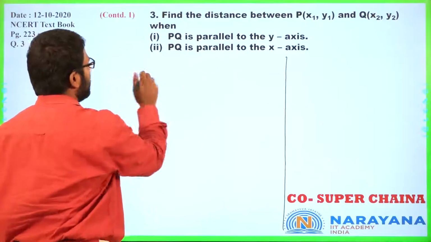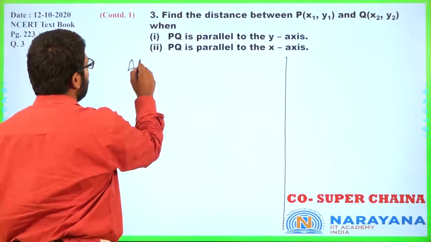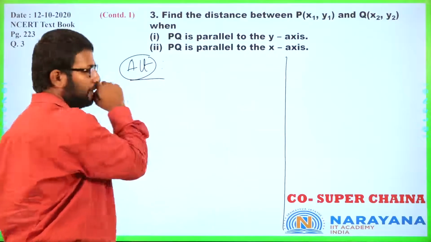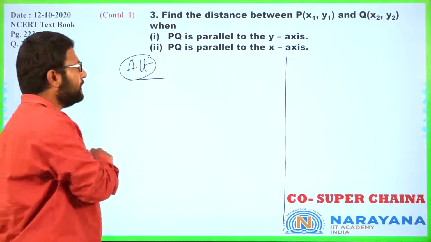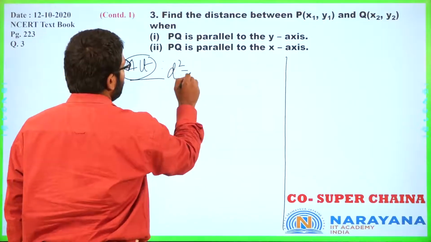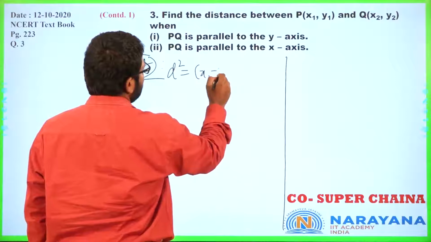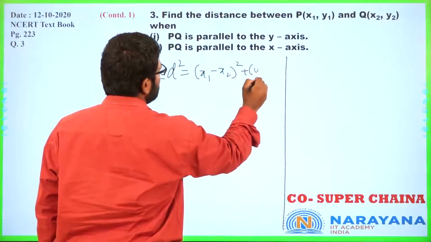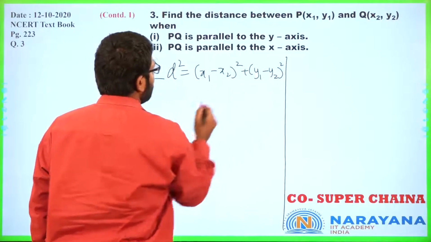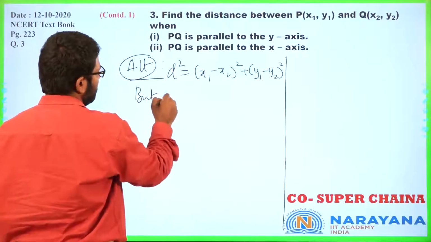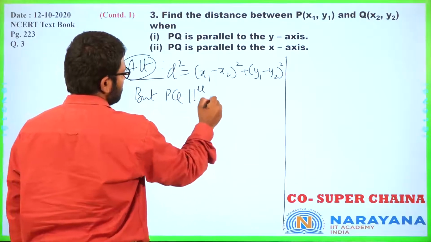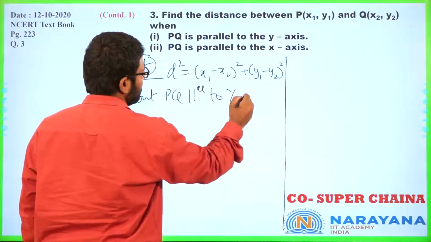Now we will come to the second point, but alternately, that was trying to get it geometrically. Alternately, we could say d square would be x1 minus x2 the whole square plus y1 minus y2 the whole square. But PQ is parallel to y-axis.